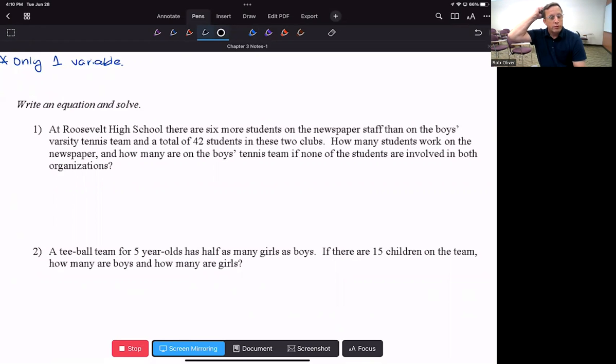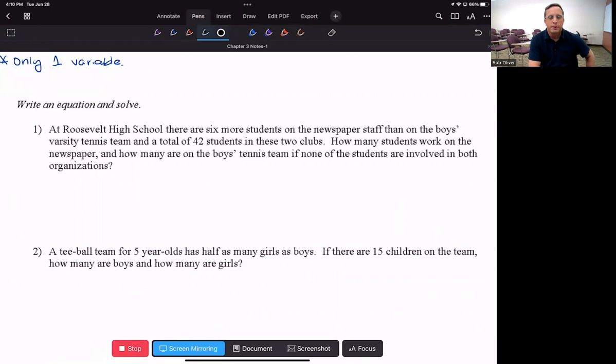So we're going to talk about the algebraic way of doing this, not just the guess and check way of solving these problems. For this one, what we want to do is identify, because it says there are 6 more students on the newspaper than on the tennis team.